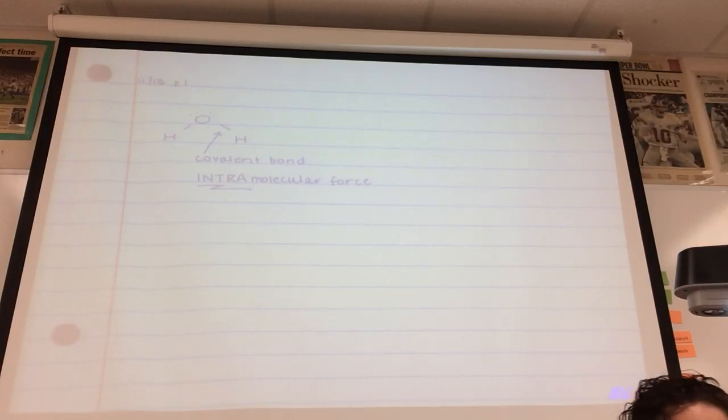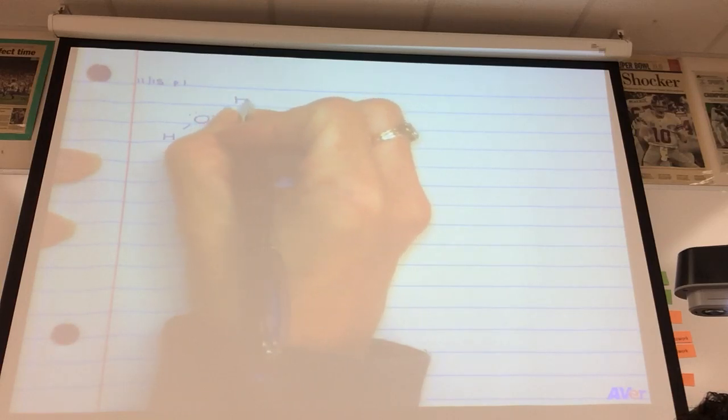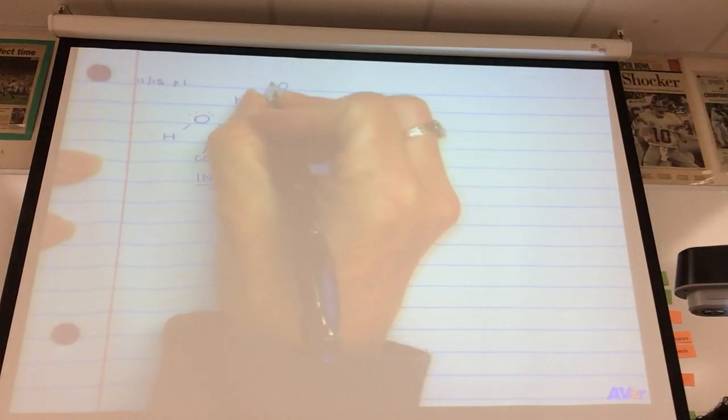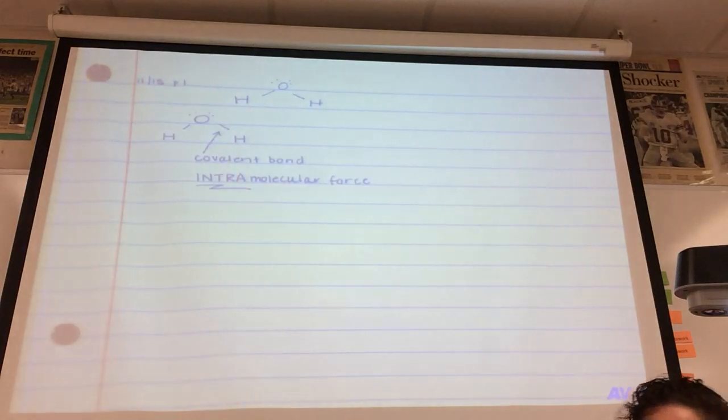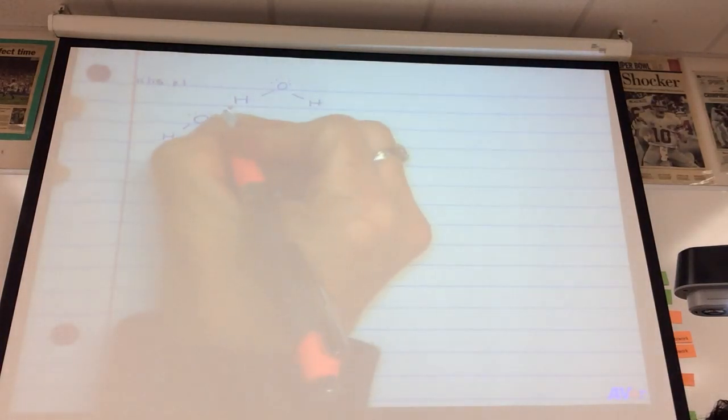If we had another water molecule here, same bent design, there is some interaction between the water molecules.